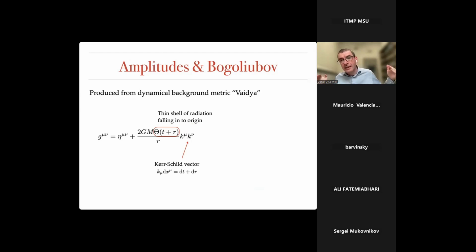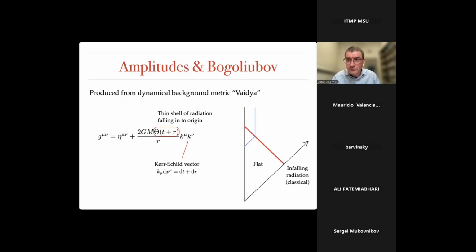And that matter is, in this approximation, a very thin shell of radiation falling into the origin. That's why there's this discontinuous theta function. It's because I'm working in an approximation that the shell of radiation is very thin. Now here's a picture, in Eddington-Finkelstein style coordinates. The arrow here is supposed to be the t plus r axis, which you see here.